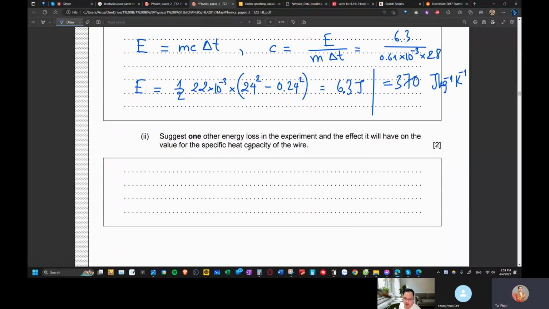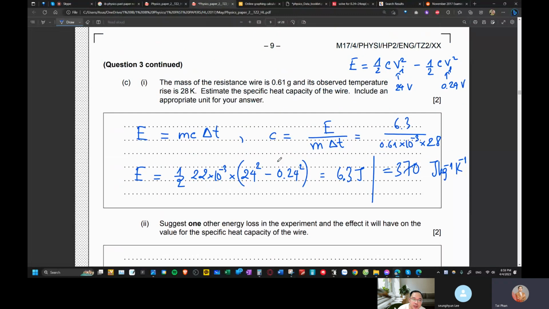So just 1 energy loss in the experiment, and the effect it will have on the value of the heat capacity of the Y. Energy loss is mainly because of the heat that we calculated in C1.